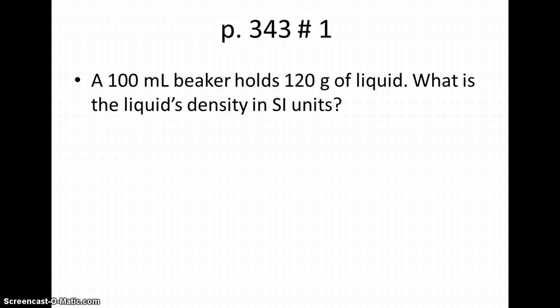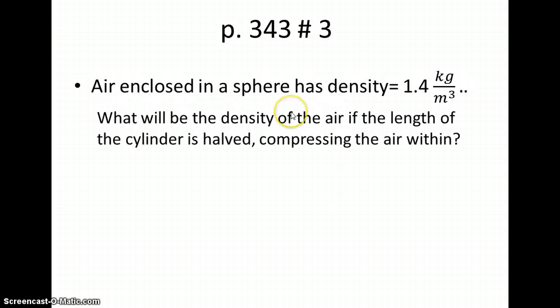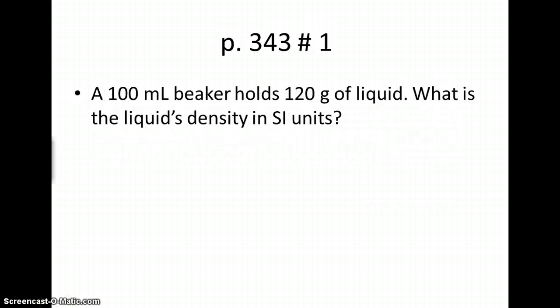We know that SI units are kilograms per meter cubed. So when I'm looking at SI units, I want kilograms per meter cubed. But here they gave me grams and milliliters.